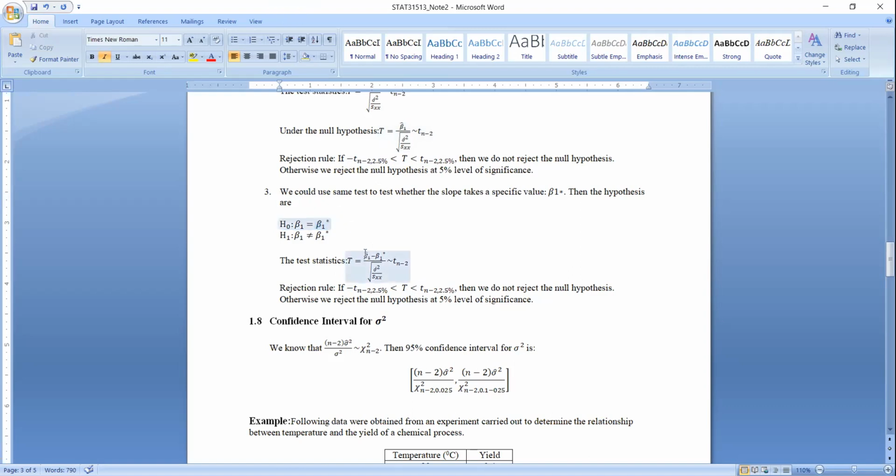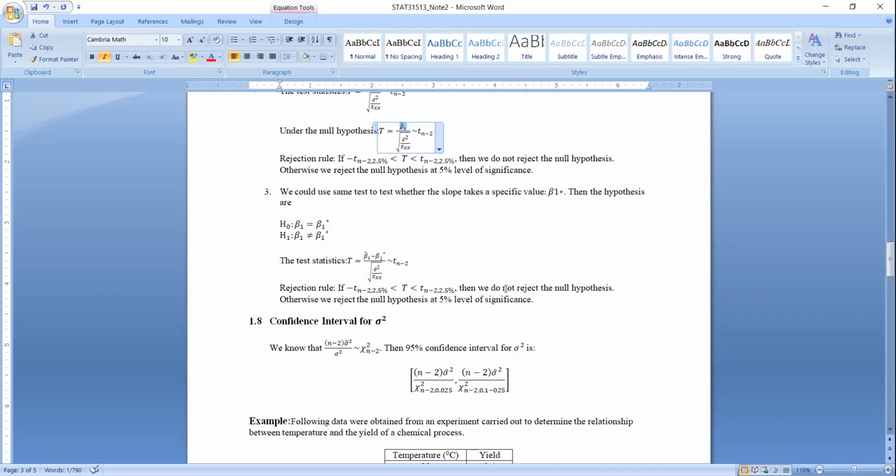You can take the difference between these two values, since here the difference beta 1 hat minus 0 is again equal to beta 1 hat. So since you have a specific value, you have to take the difference. That is the only change you have to do, and all the other terms are the same. So you just substitute and check with the table values to get your decision.